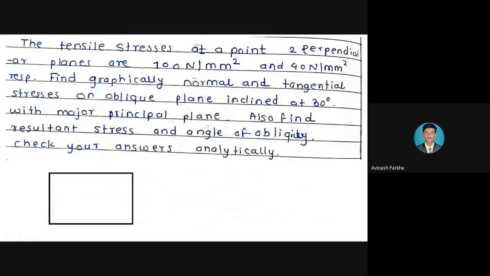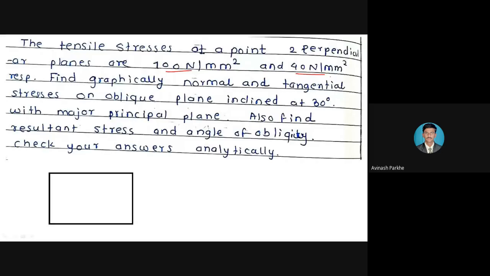First of all, we will solve one numerical, and then we can understand how to draw the Mohr circle. So this is problem number 1. Just read the statement carefully. The tensile stresses at a point on two perpendicular planes are 100 Newton per mm square and 40 Newton per mm square. So two tensile stresses are applied perpendicular to each other. You can see sigma x and sigma y are always perpendicular to each other.